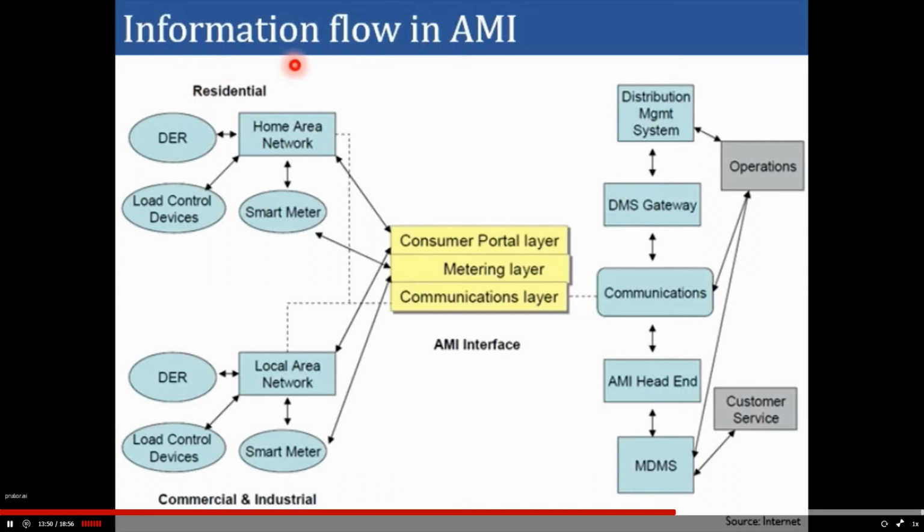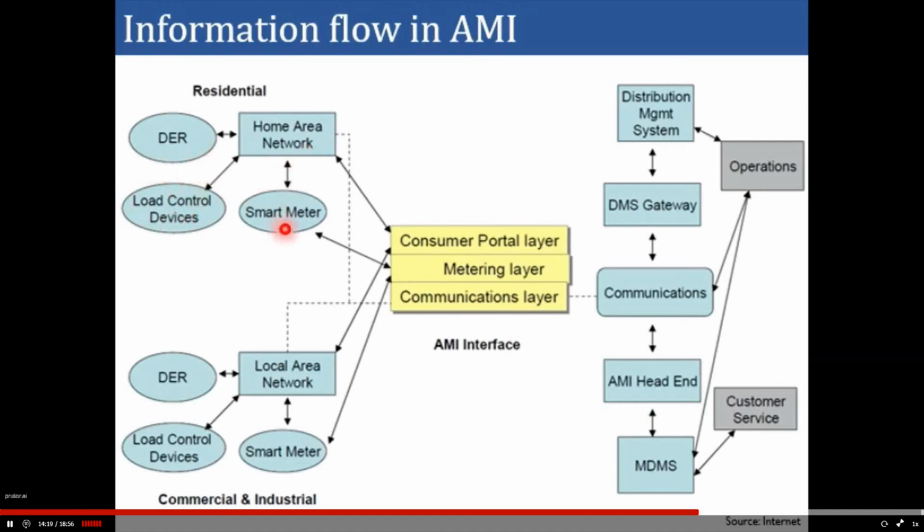Now let's see how the information flows in the advanced metering infrastructure environment. So at the residential level, you have various activities where the smart meter interaction happens. The smart meter interacts with the home area network, which also interacts with distributed energy resources if they are in the system, and various load control devices.